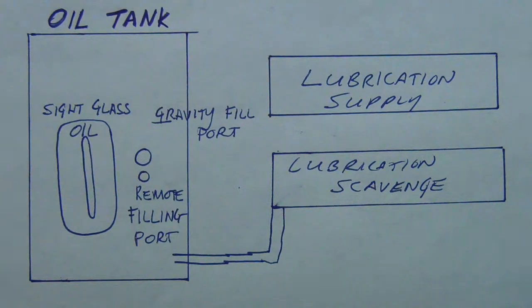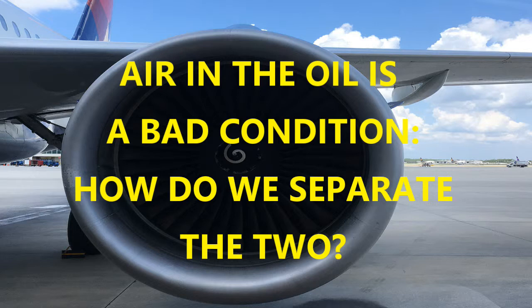Okay, all right. So we have that, and also, remember I mentioned how air can get into the oil, and there has to be a way to separate those two components. So we do have a separator, and there's an oil in tube port as part of that, and that is connected to the tank vent, because that way the air and oil mixture can go through and reach the separator.